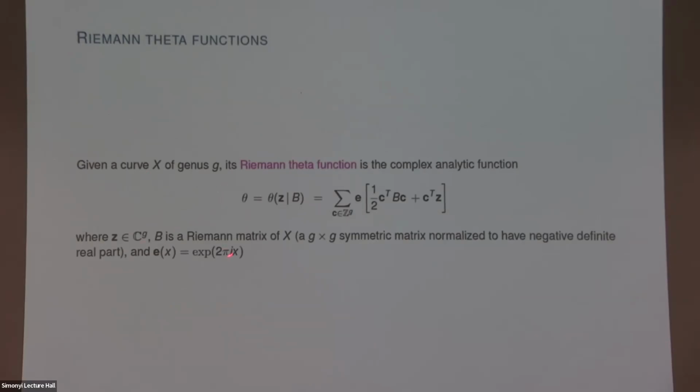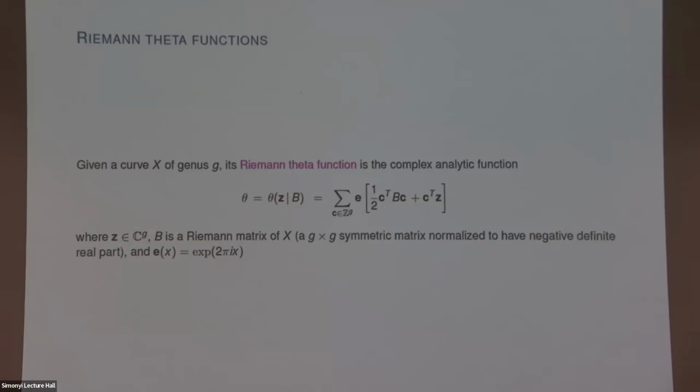This is a complex analytic function depending on z in C^g and a matrix B, which is a Riemann matrix of the curve, also sometimes called a period matrix of the curve. So this is a g by g symmetric matrix. We can choose various normalizations. We choose negative definite real part. But it's a matrix that records important data about the curve and its periods.